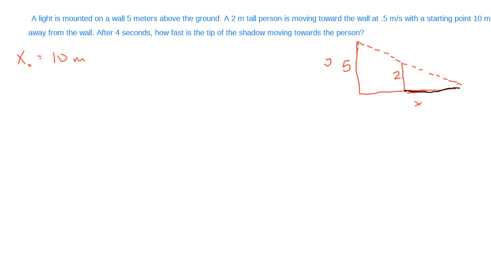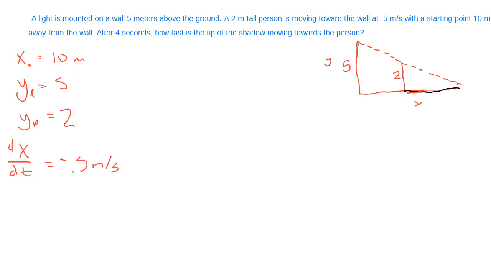We know that the y of the light is 5 and the y of the person is 2. We also know that x is changing. If he's moving closer to the wall, then that distance is decreasing, so we can say it's negative 0.5 meters per second.